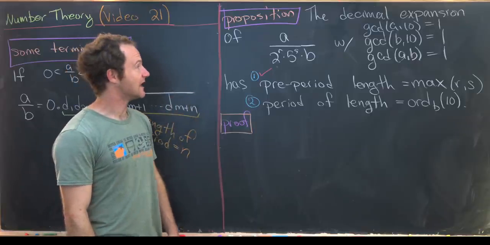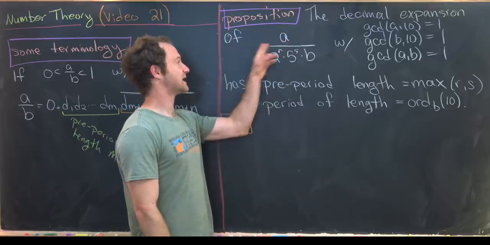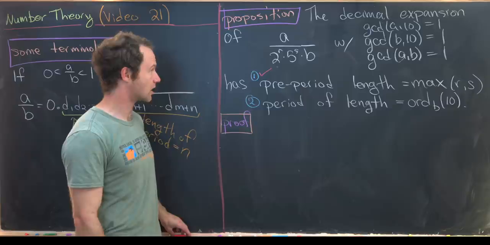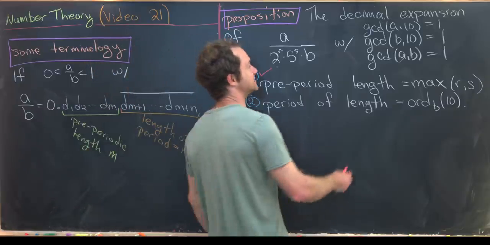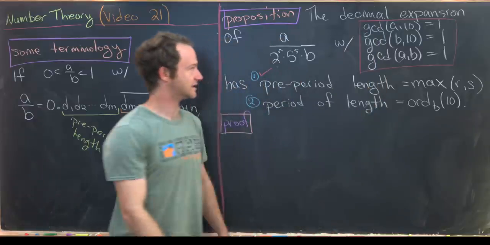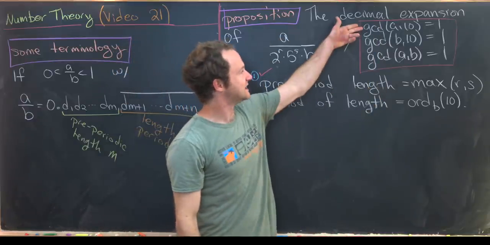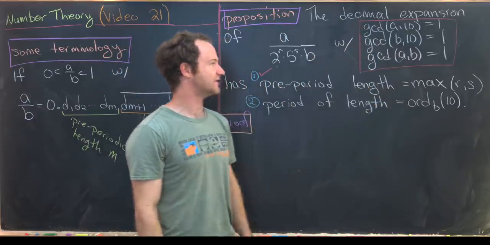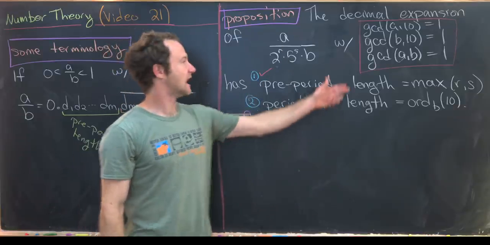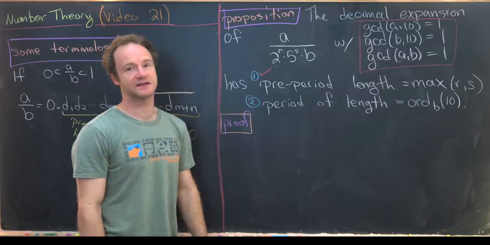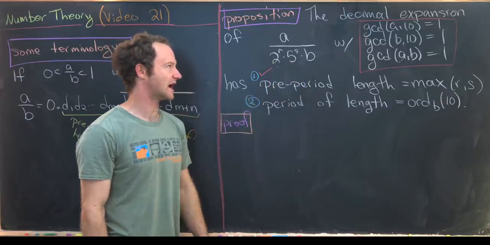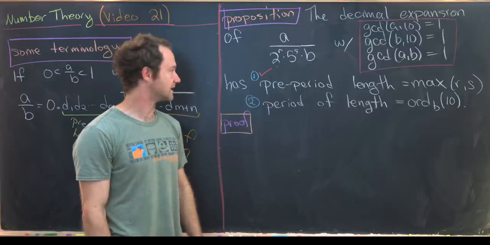Okay, so now we've got a final proposition, which is really a corollary of these other things that we've seen. And that is the decimal expansion of this rational number a over 2 to the r times 5 to the s times b, where we have these GCD requirements. So notice the GCD of a and 10 is 1, the GCD of a and b is 1. That just means that this is in lowest terms. And then the GCD of b and 10 is also 1. That means we factored every factor of 2 and 5 out of the denominator already.